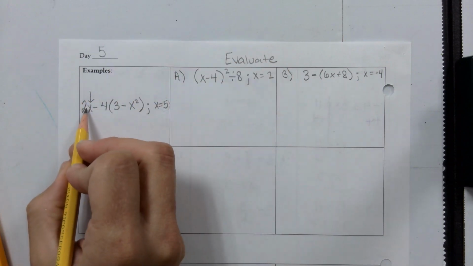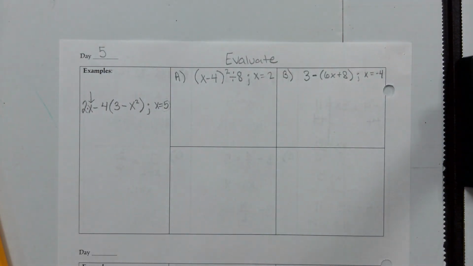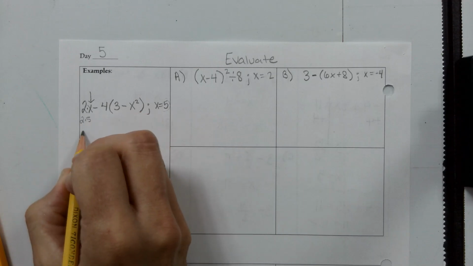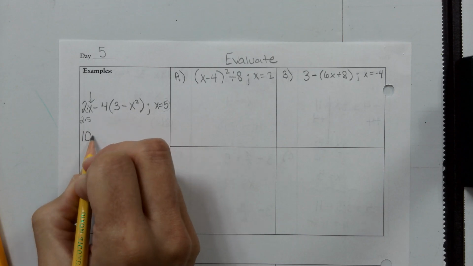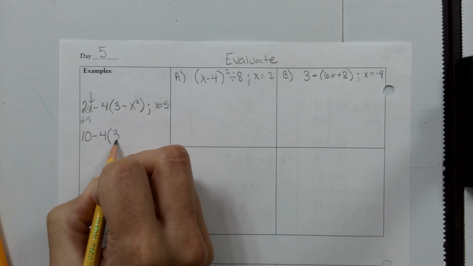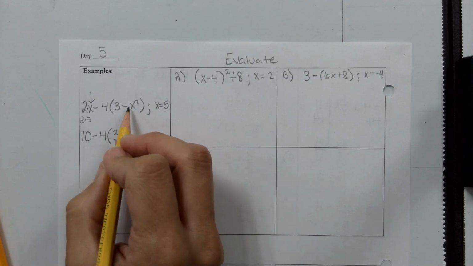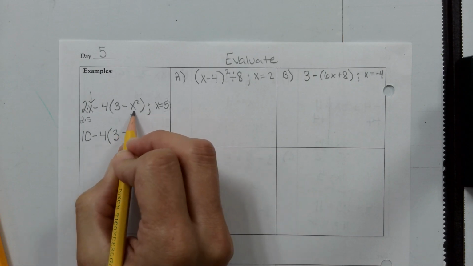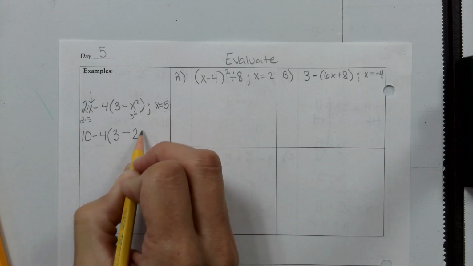So this is 2 times x, so I'm going to do 2 times 5. So 2 times 5 is 10. So we're going to start there. 10 minus 4 times (3 minus, okay, stop here, that's x, but x is the number 5. So we're going to go 5 squared. 5 squared is 25.